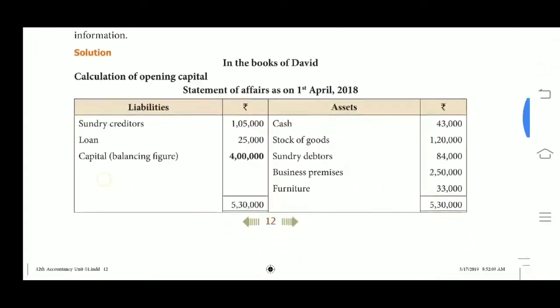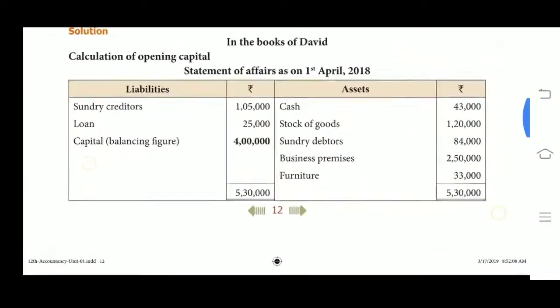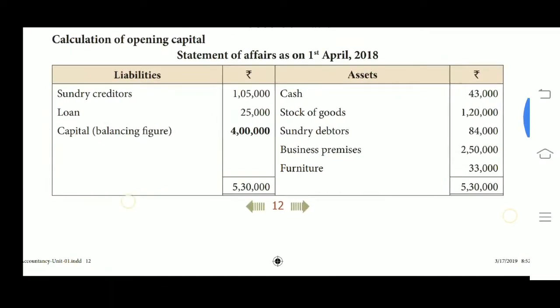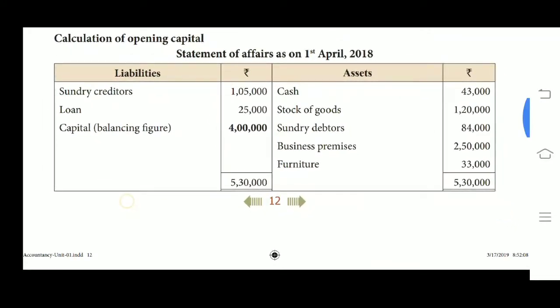First total the asset side value. The asset side total value is 5,30,000, but the liability side is 1,30,000. The highest value is 5,30,000. The same value represents both sides, assets and liabilities. So what is the formula of capital?